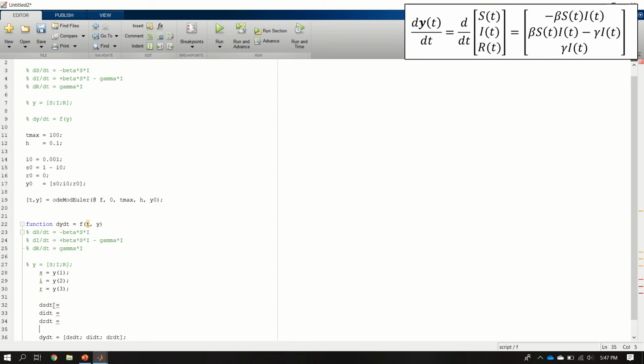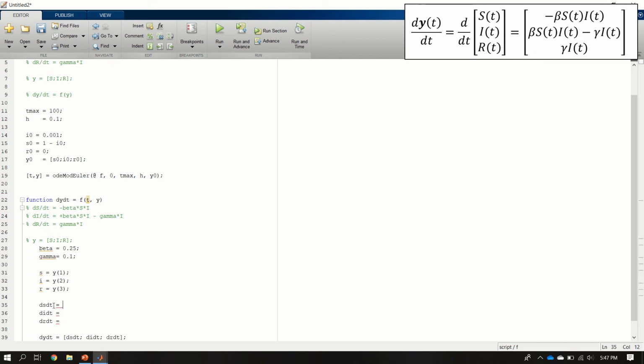Okay. All that's left for us to do is, well, we need to define some parameters. So we need to define this incidence rate beta. Let's put this at 0.25, for example, and a recovery rate gamma. Let's put this at 0.1 in this example.